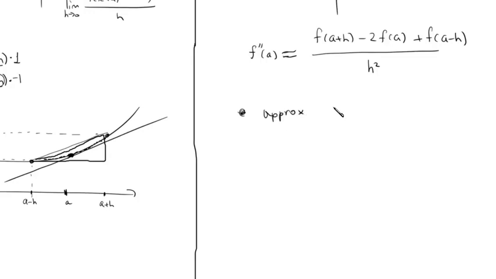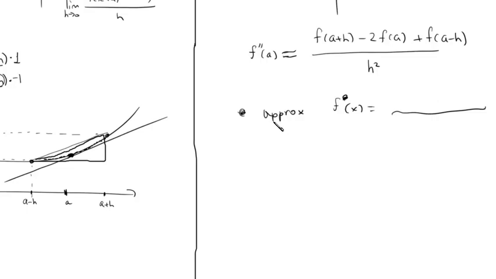Let's say in the exam they give a function f of x, like blah blah blah, and let's say that's really difficult to differentiate. You don't want to differentiate it twice, let alone even once.